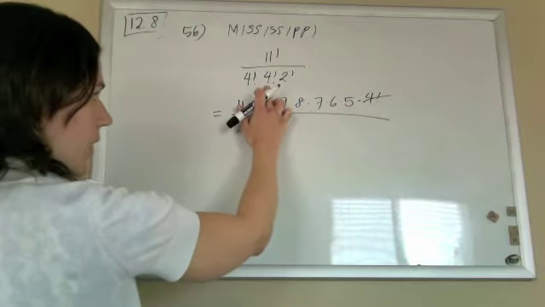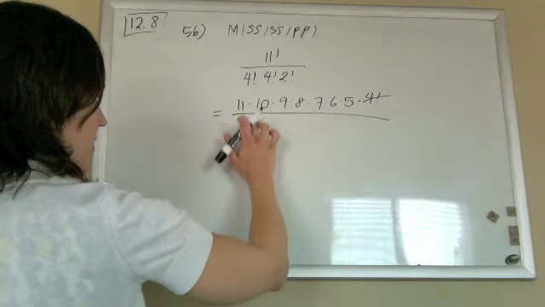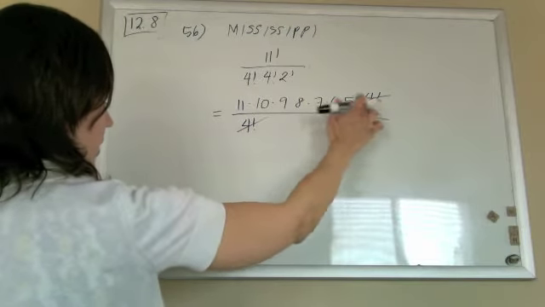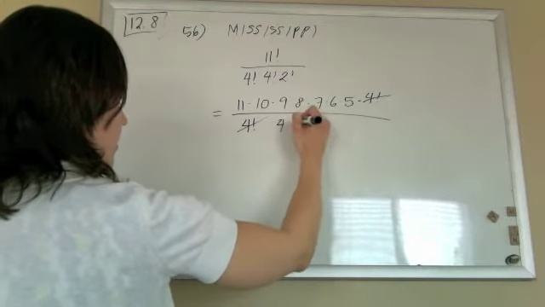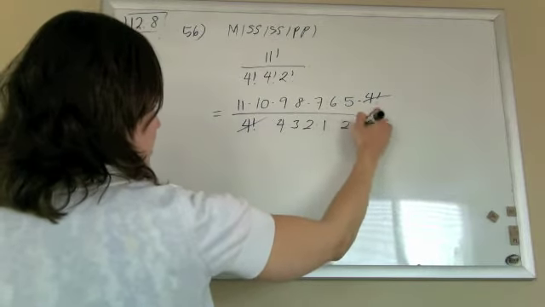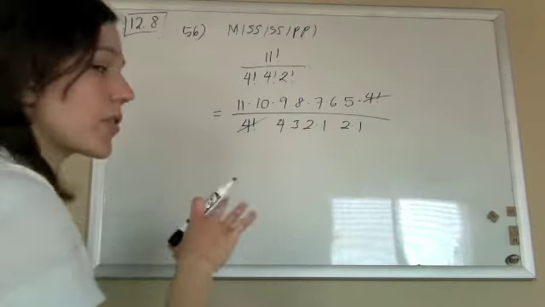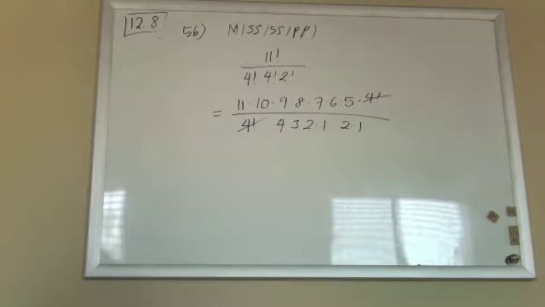But I still have to write out that 4 factorial and that 2 factorial. So this 4 factorial is canceling out with that. Then this 4 factorial is 4 times 3 times 2 times 1. And this factorial is 2 times 1. So when you go to simplify this, like everything on the bottom will end up canceling with something on the top.